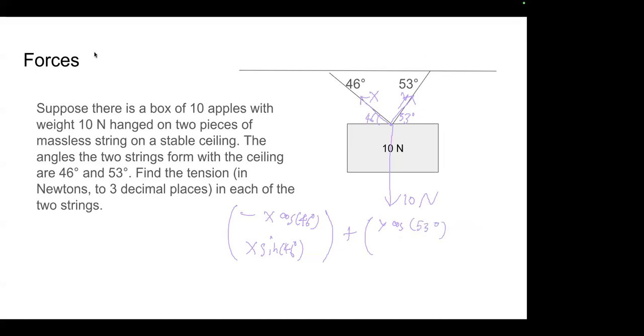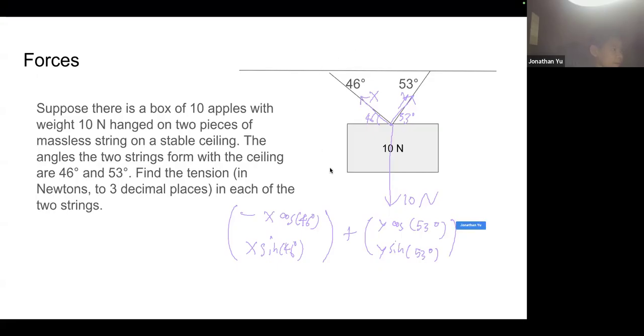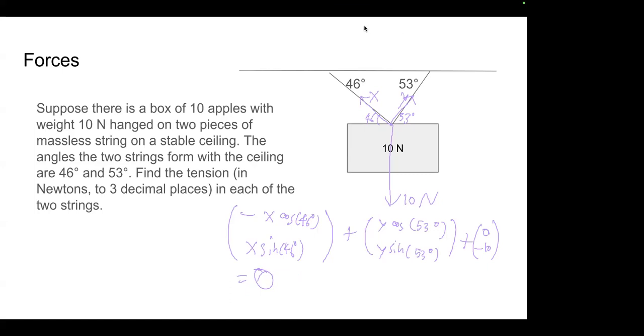We feel like the box is perfectly balanced. And then this downwards vector has no horizontal component, and its vertical component is minus 10. So this sum is 0. So we have to solve that.